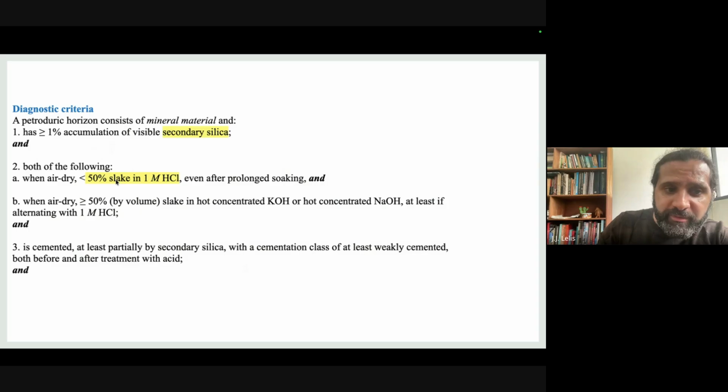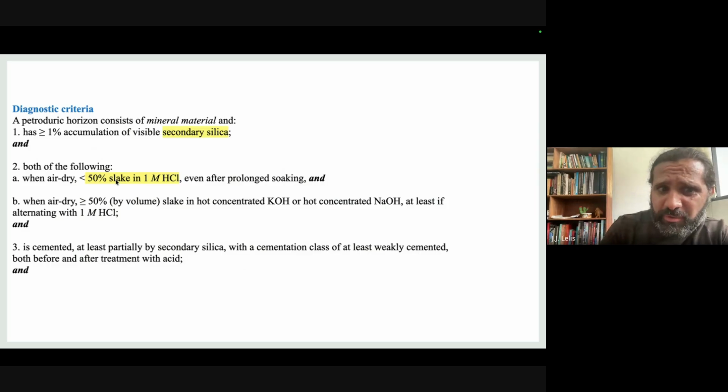So I put some pieces of this petroduric horizon in a solution with hydrochloric acid, and even after some time, less than 50% of the soil will slake.